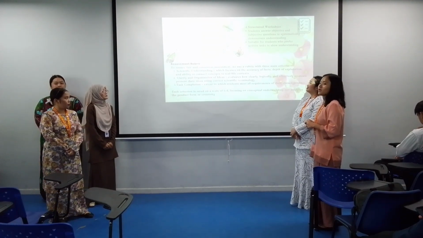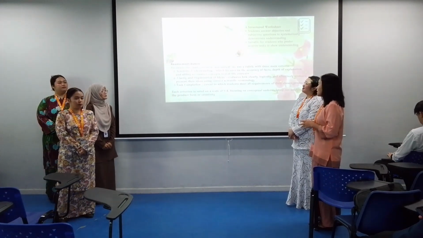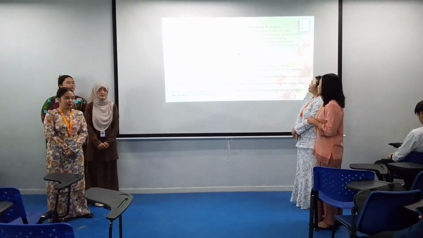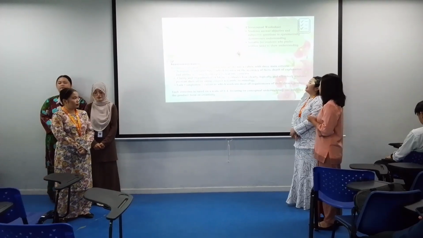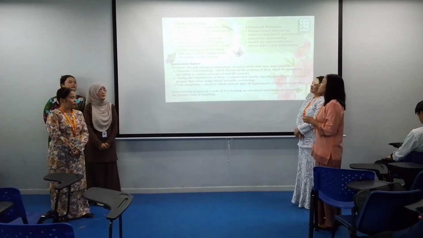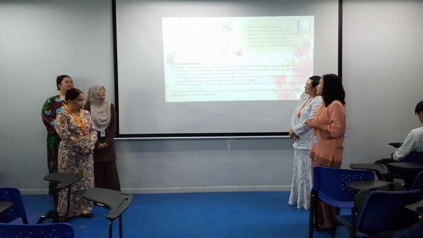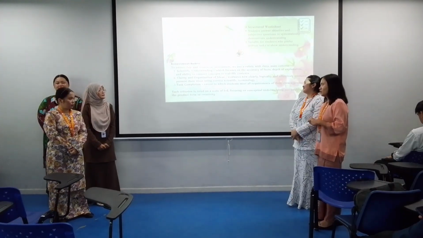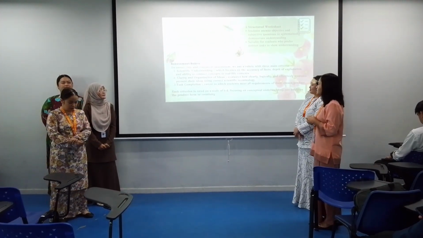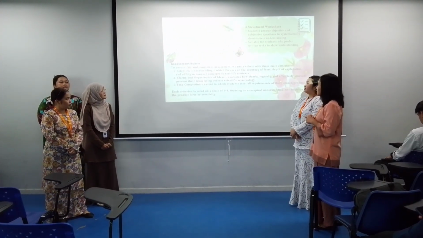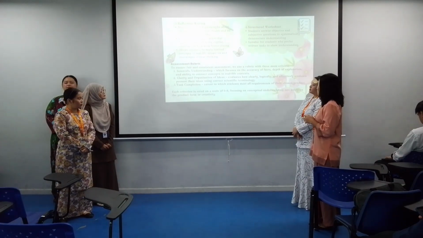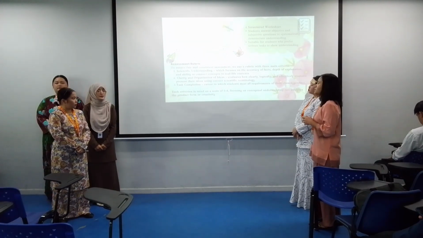Number two, clarity and organization of ideas. Evaluate how clearly, logically, and effectively students present their ideas using correct scientific terminology. And the last, task completion, the extent to which students meet all requirements of their chosen product.